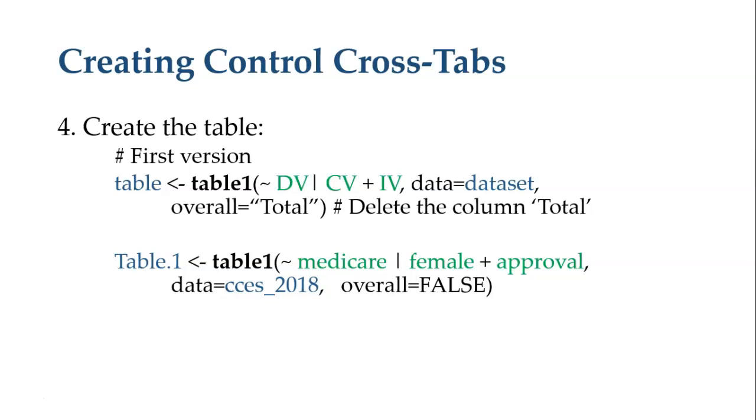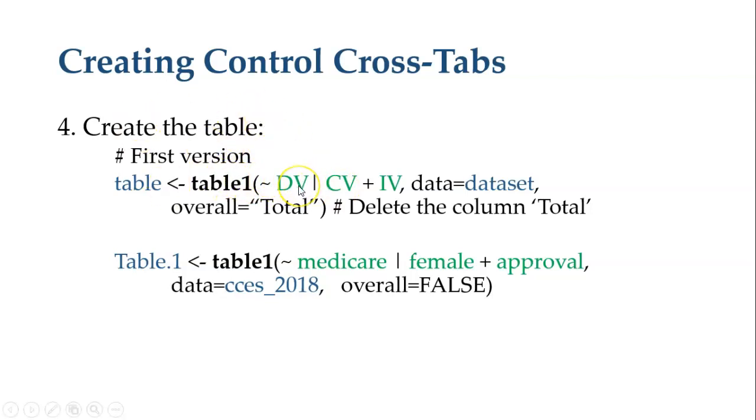So that's the next step. For a control cross tabulation, you have the option to go directly and prepare the table, as I said, with table one. I want you to pay attention to the structure, to the syntax of this function. So you have the function table one.